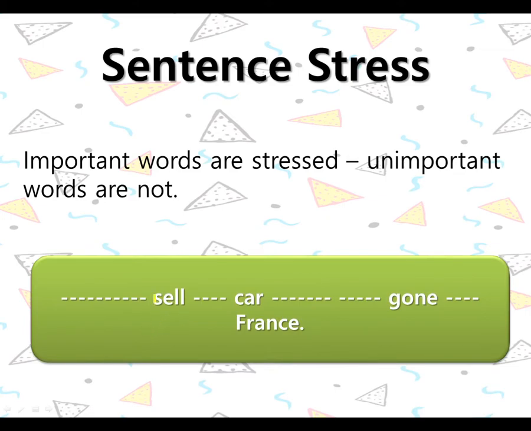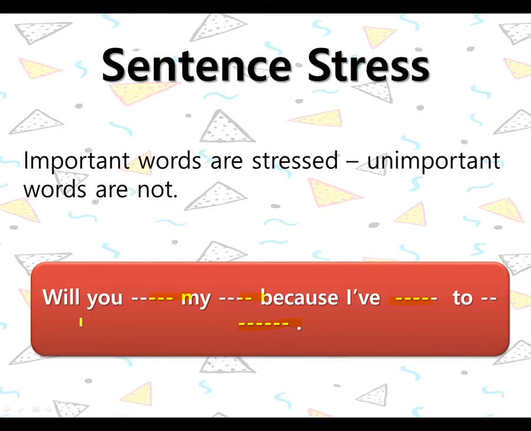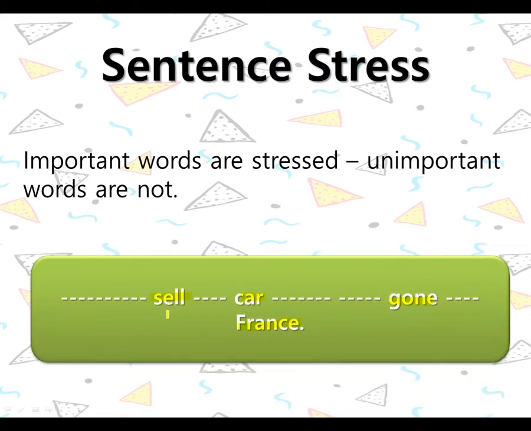Here, we see the content words: sell, car, gone, France. These are the nouns and the verbs. So will you, my, because, I've, to: these words are not important, but these words are.